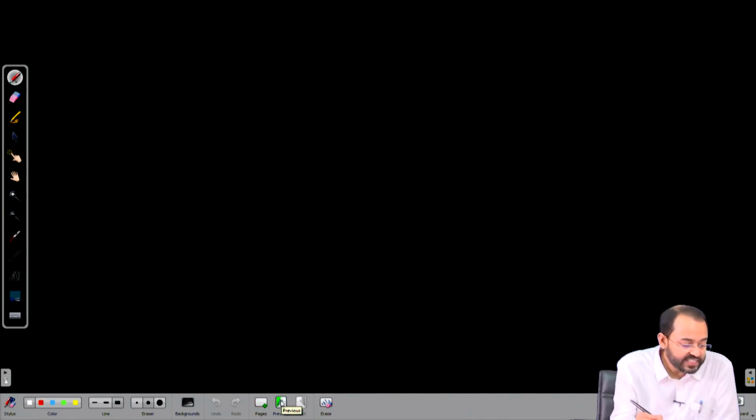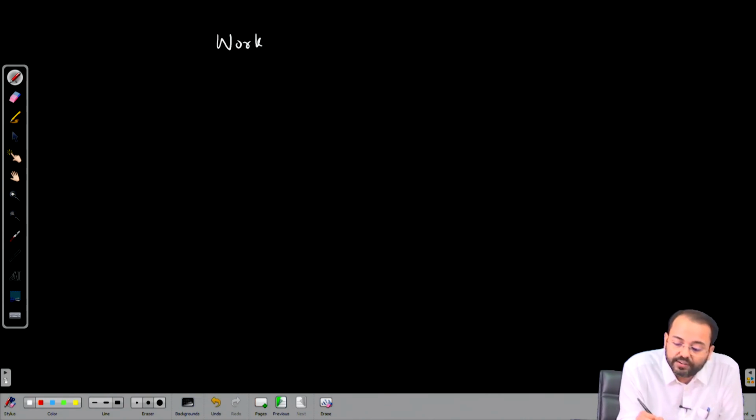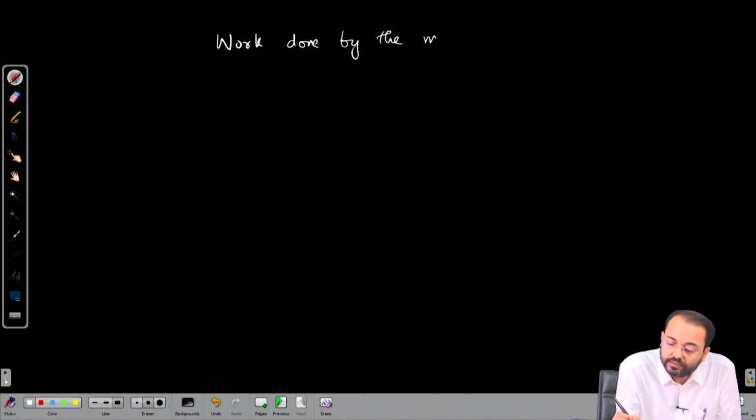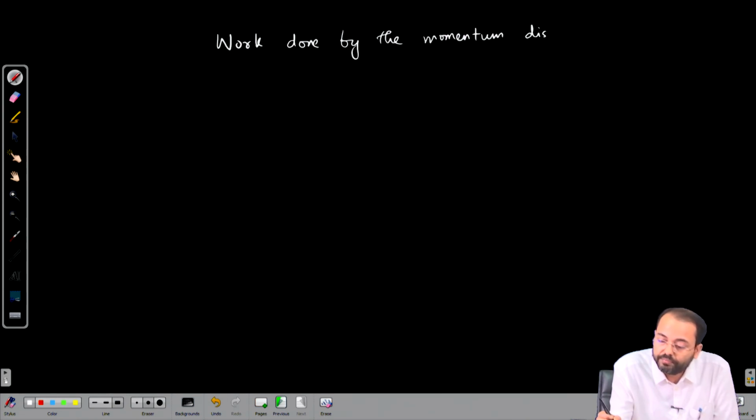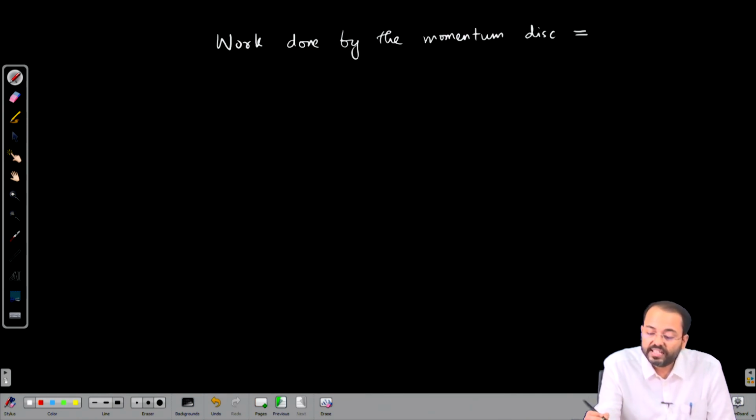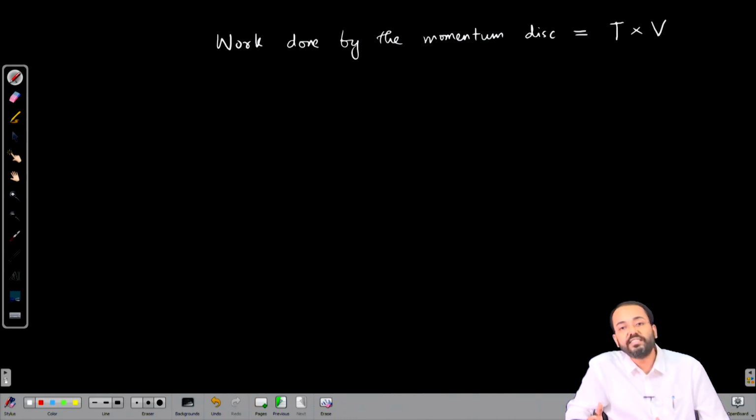Now, next we will try to find the efficiency of the momentum disk. For that, we have to calculate the work done by the momentum disk, which is given by the thrust that it generates multiplied by the velocity against which it generates the thrust.